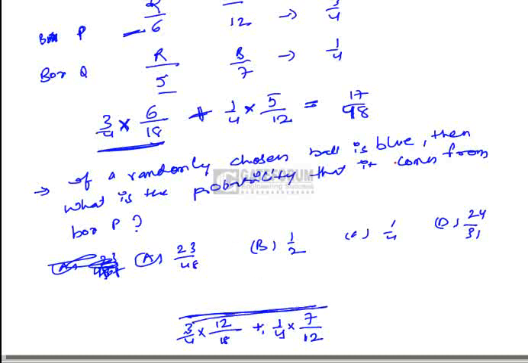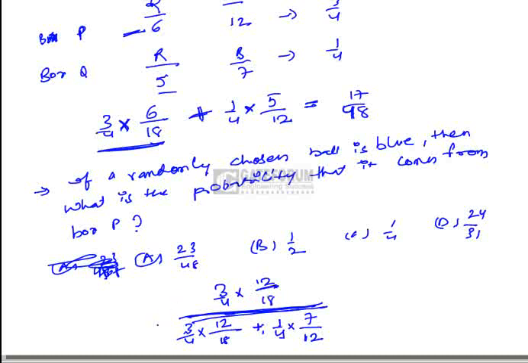Here the question is, the ball should be chosen from box P. Probability that it comes from box P. So the numerator will contain the probability of choosing a blue ball from box P. So the probability of choosing box P is 3 by 4 into, in that box P the number of blue balls is 12. So 12 divided by the total number of balls, 18.